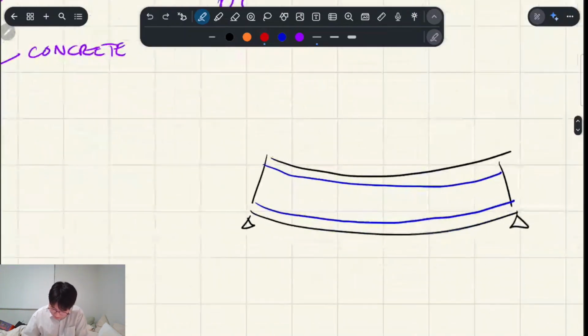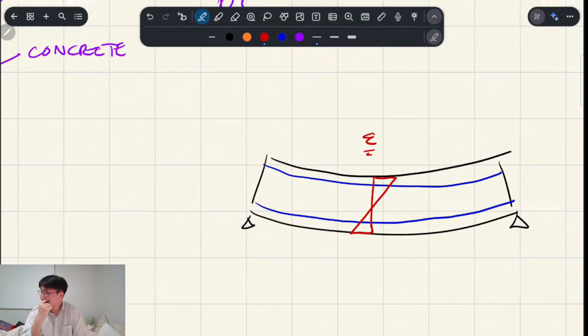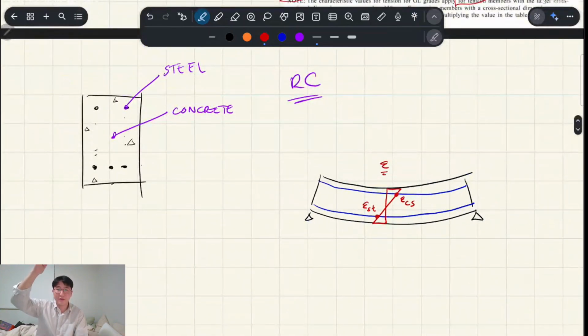So if I was to map on the strain like that, engineers' beam theory says that we have a linear strain distribution in flexure, in bending, and I can find the values of your tensile steel and compressive steel if I follow this line down.